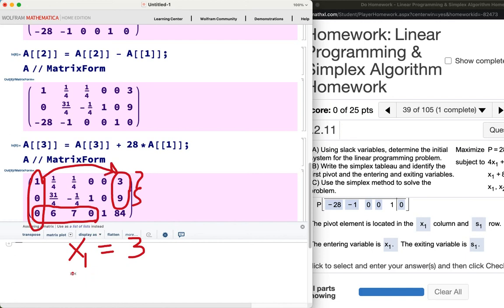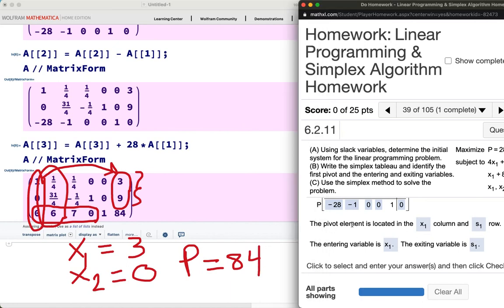And then x2 is a non-basic column, and if it's a non-basic column, that means the value has to be 0. And then P is going to be 84. And that's it. That's actually going to be the correct answer.